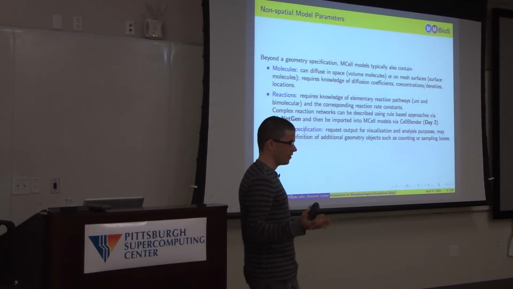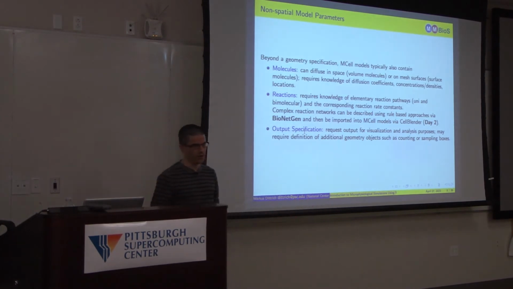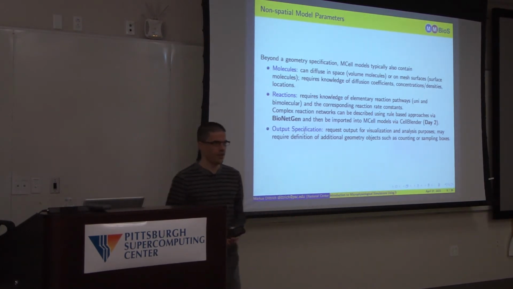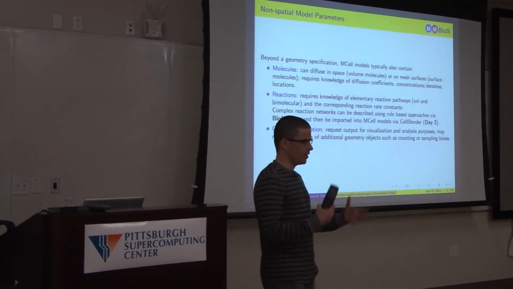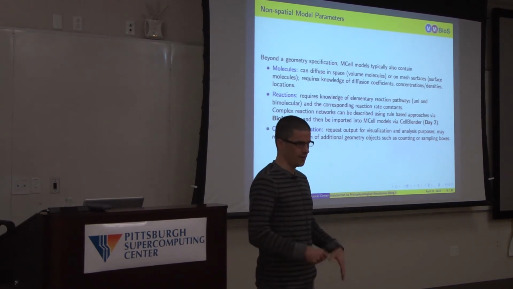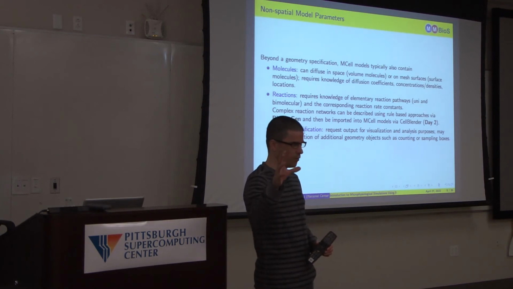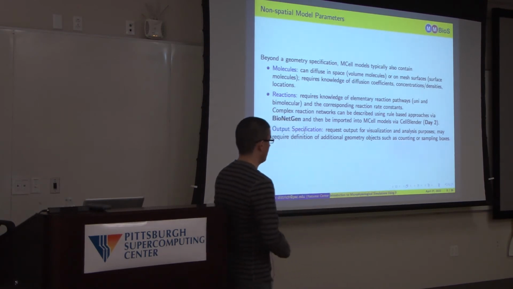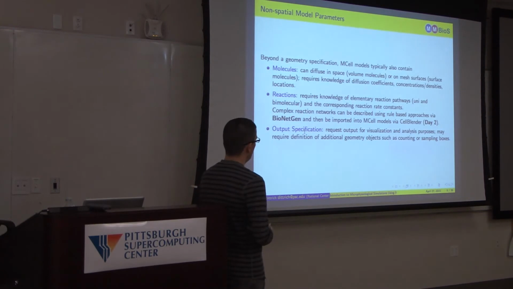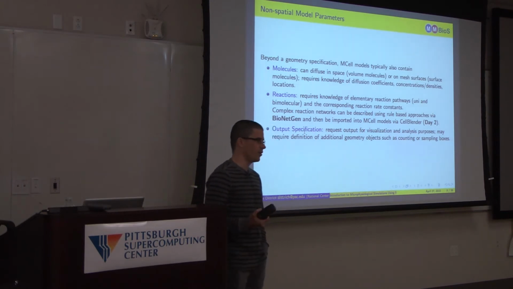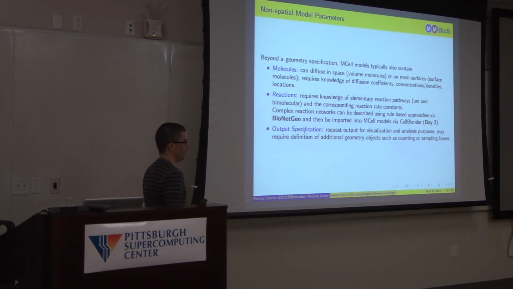They could be in the space defined by your geometry or on the surface. More specifically, they could be in specific regions within your space and in specific regions on your surface. You can place them wherever you want, in whatever region you think they are. And you need to know their diffusion coefficients, and you need to know the concentrations or densities of your molecule. That's something you'll have to know in order to actually put them into your simulation.